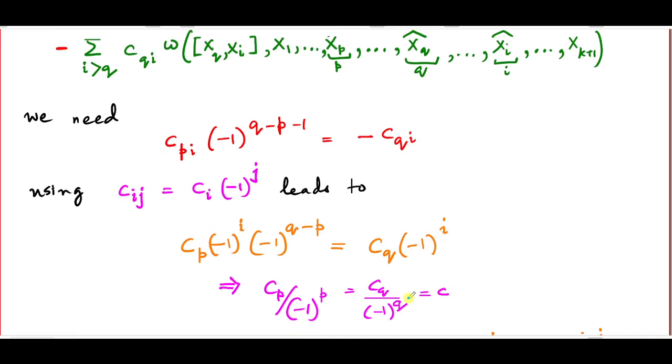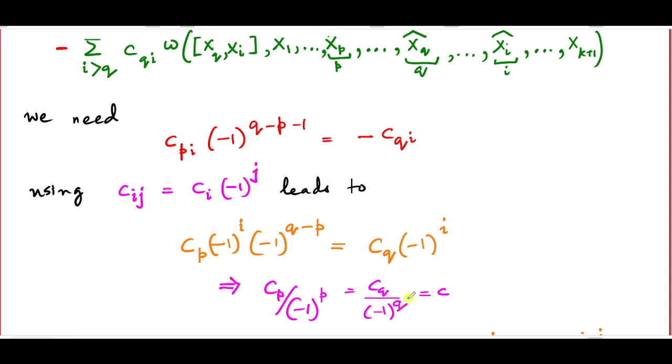we can plug that down here. And what we get is C_pi is C_p times (-1) to the i. You have to multiply that by (-1) to the q minus p. I've just cancelled out the two minus 1s on the two sides of the equation. And C_qi is C_q times (-1) to the i. Cancelling out the (-1) to the i gives us a relationship between C_p and C_q, one which should look very familiar to us. It just tells us that C_p over (-1) to the p is C_q over (-1) to the q.